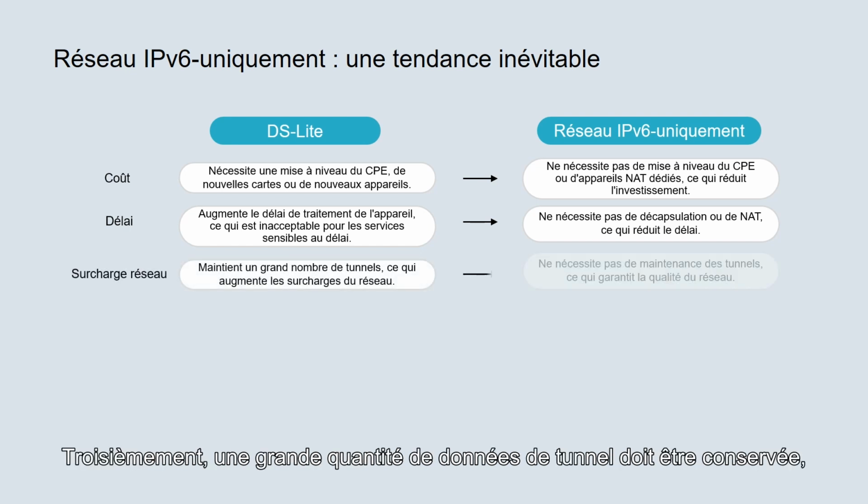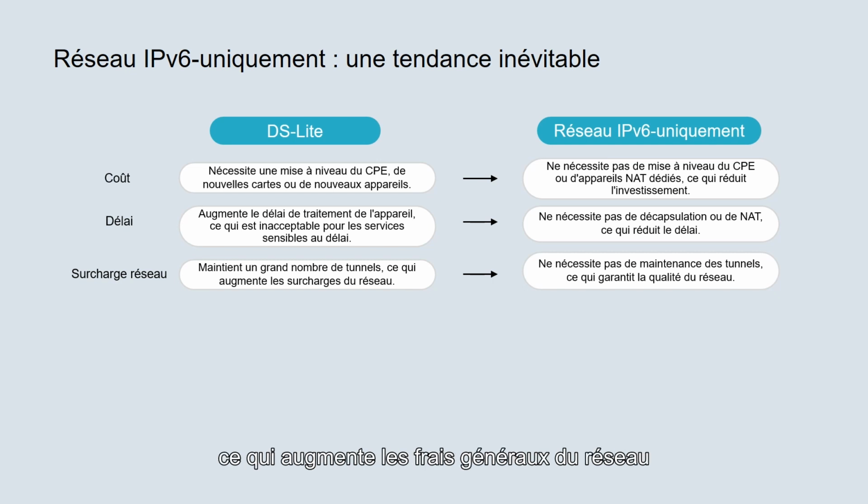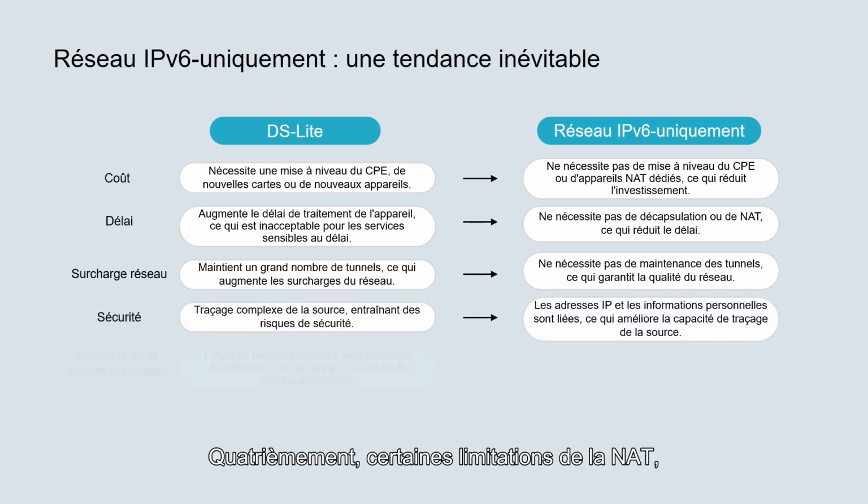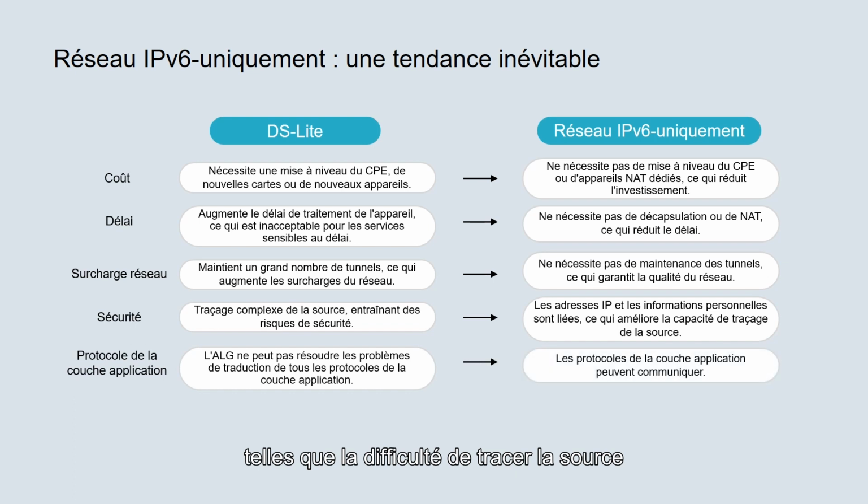Third, a large amount of tunnel data needs to be maintained, increasing network overheads and potentially affecting network quality. Fourth, some limitations of NAT, such as difficulty in source tracing and the inability to translate complex protocol packets like HTTPS packets, also exist in DS-Lite.